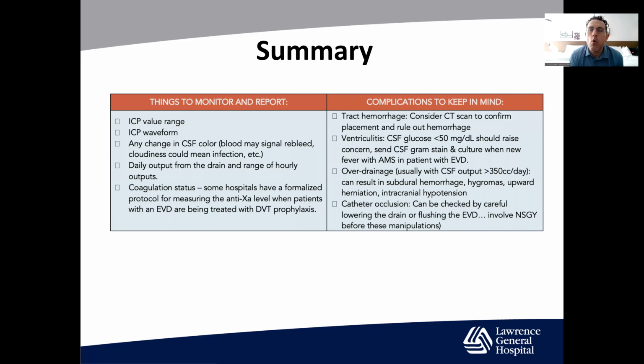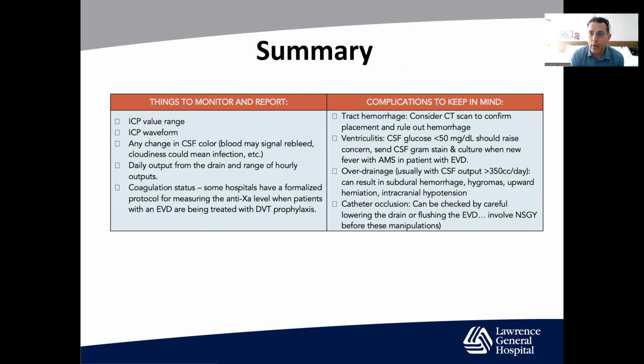This is maybe particularly important just to make sure that, say, many of these patients are on prophylactic heparin, and we want to make sure that they're not crossing over into treatment dose or higher doses of heparin.